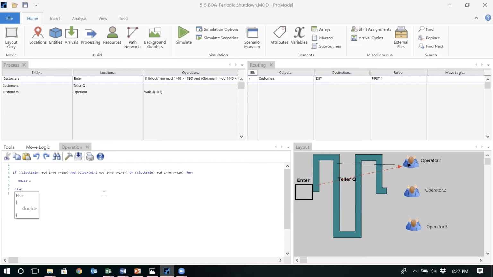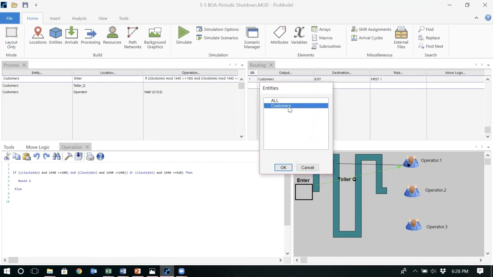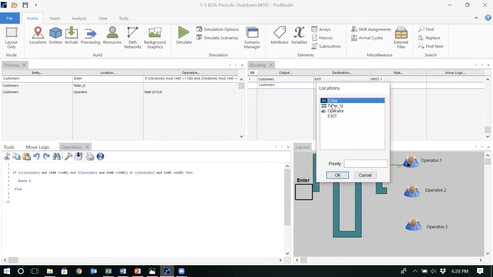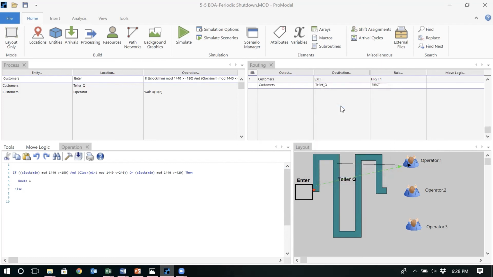Else, we want to let the customer come in. And if I want to let the customer come in, that's another destination. That means let the customer come to the system, and the customer goes to the teller queue. If I want to send the customer to this line, I have to have a different block number for this line.